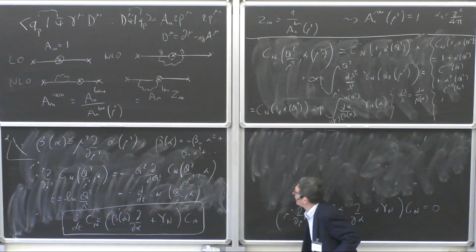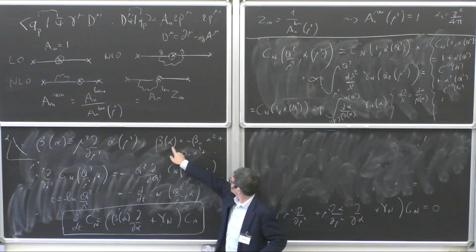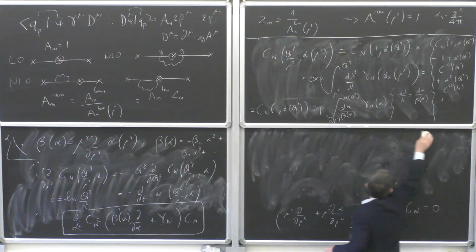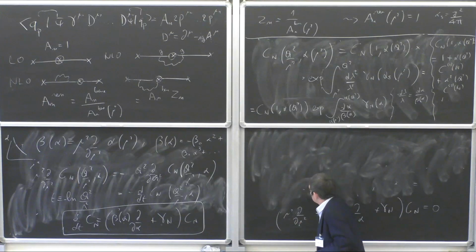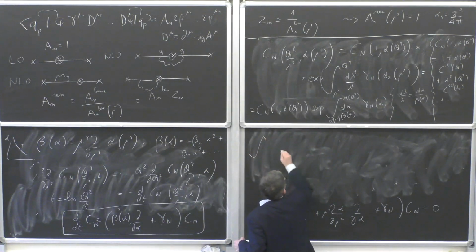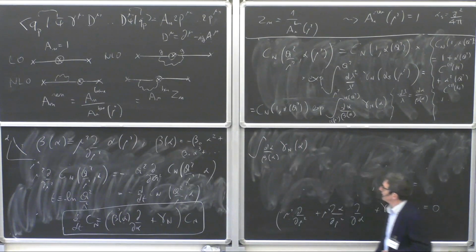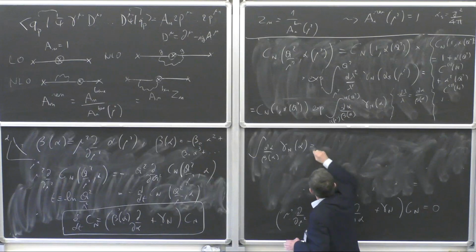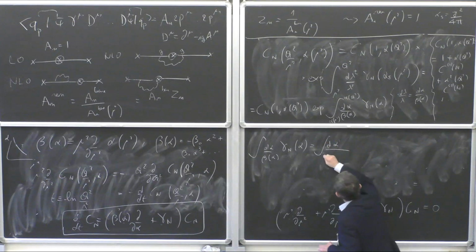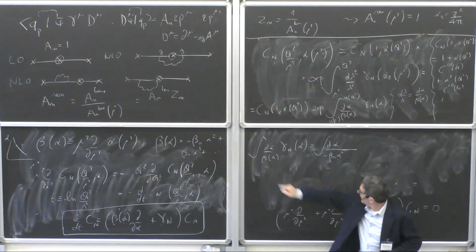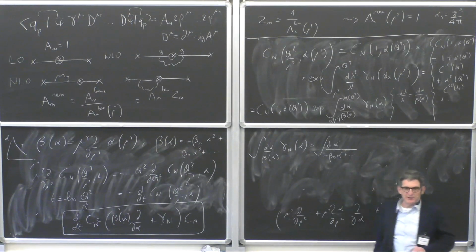Because of the fact that the beta function starts at order beta naught. So let me do the calculation here in a corner of the blackboard. I notice that d alpha over beta of alpha times gamma n of alpha, I can write as d alpha over minus beta naught alpha squared, what I have down there, plus dot, dot, dot, of course.